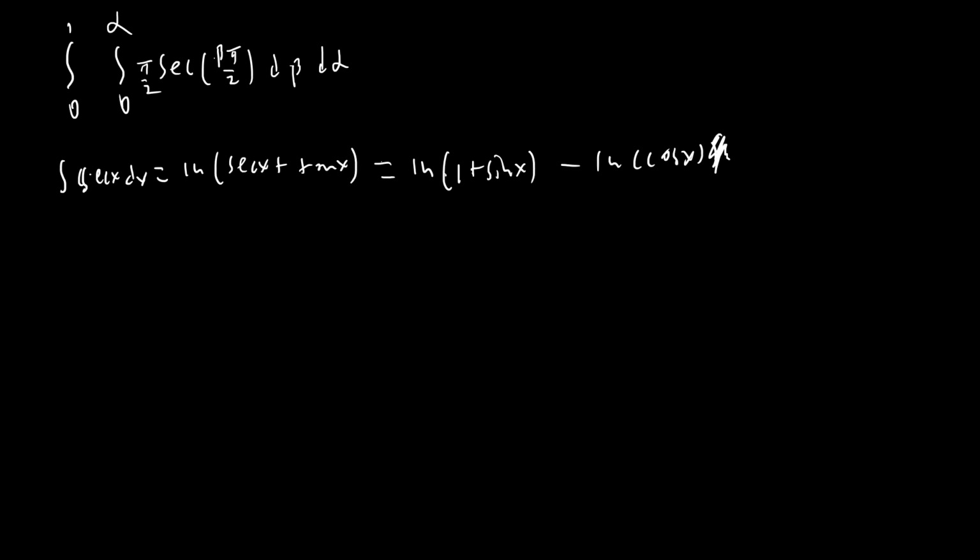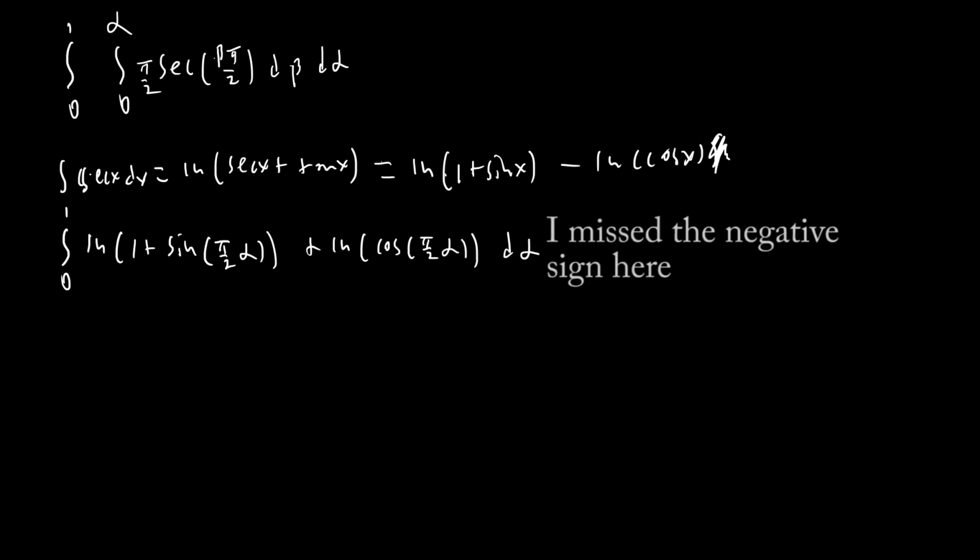So we're going to end up with the integral from 0 to 1 of natural log of 1 plus sine of pi over 2 alpha, plus natural log of cosine of pi over 2 alpha, all d alpha. So naturally, in this case, we're going to sub u equals pi over 2 alpha.